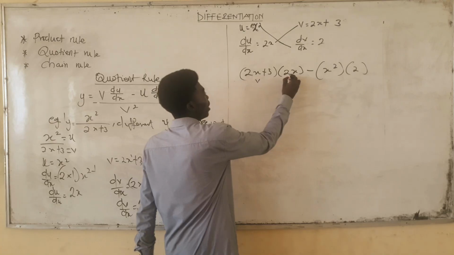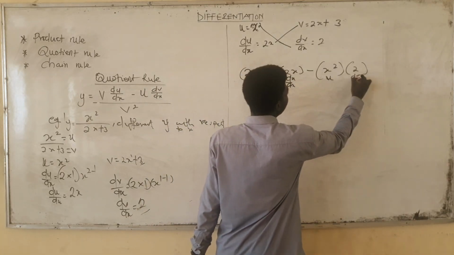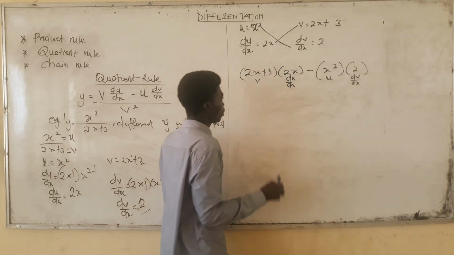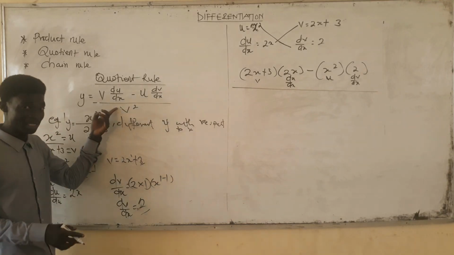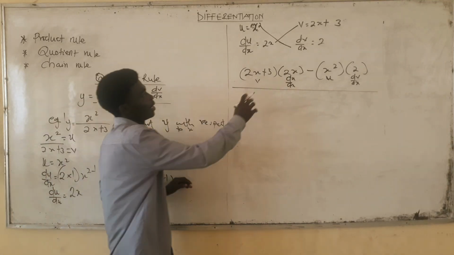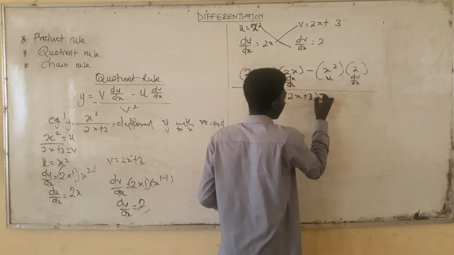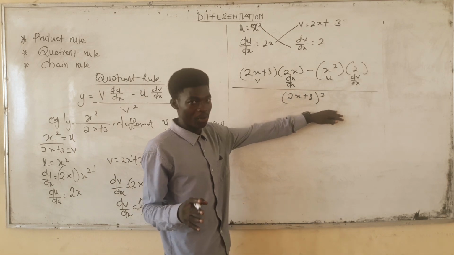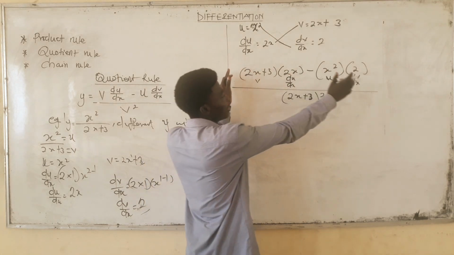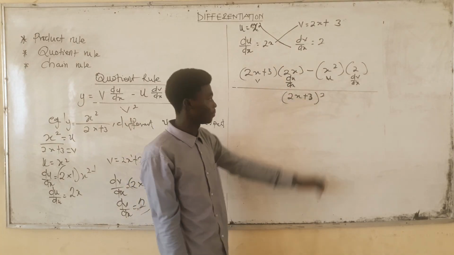This is all over v squared, so 2x plus 3 all squared. You are not going to do anything to the denominator; you just simplify the numerator and leave the denominator.